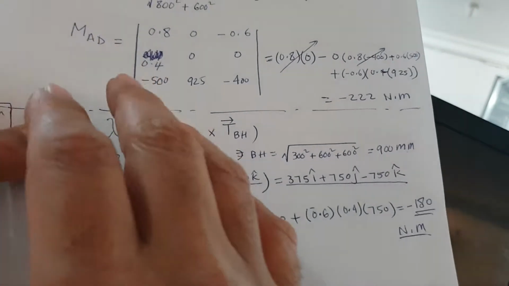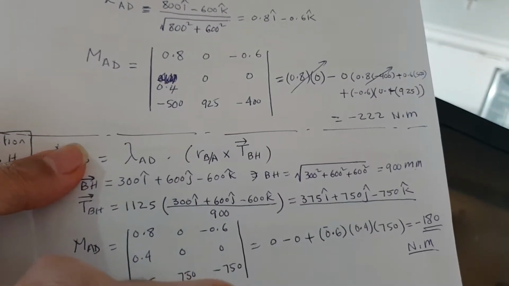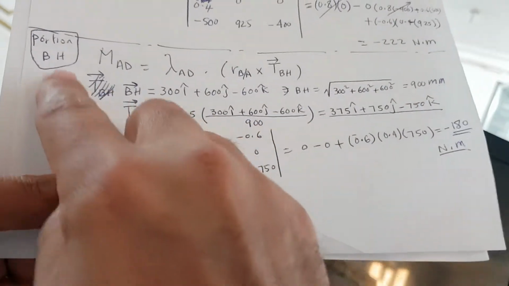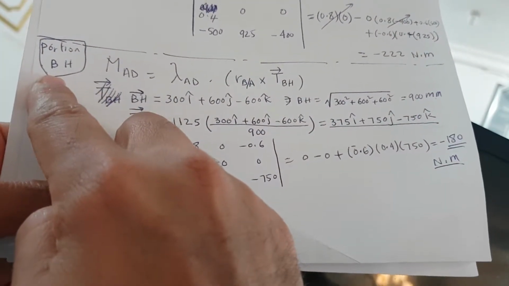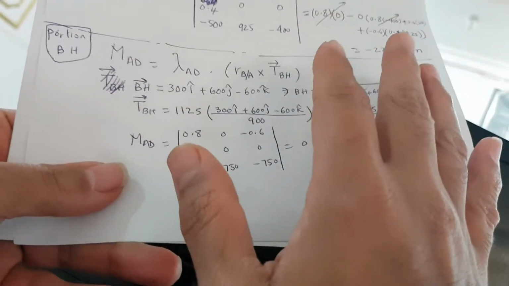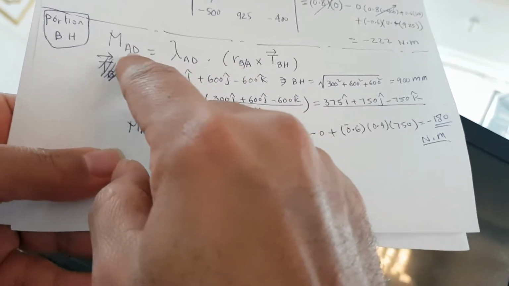He wants to find the moment of the portion BG around AD. I did this for the portion of BH around AD. You could just do it using the same method. Try it and do it. Find, first of all, PH.